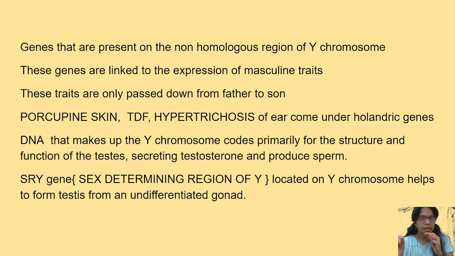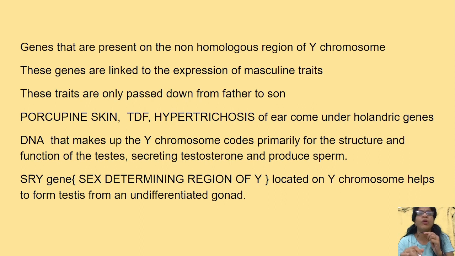The DNA that makes up the Y chromosome codes primarily for the structure and function of the testis, secreting testosterone and producing sperm. In the coming classes I will also discuss animal physiology, where you'll come across different types of endocrinology, especially the endocrine system. What are the hormones present, like testosterone, estrogen, progesterone?